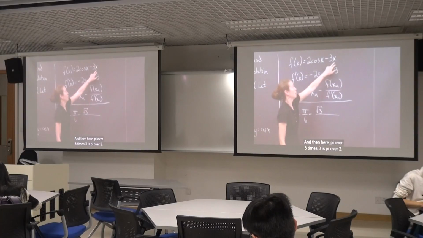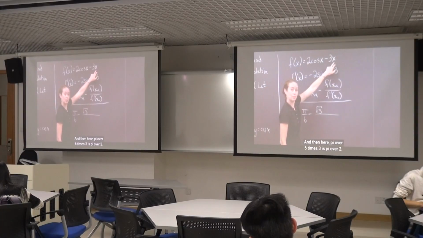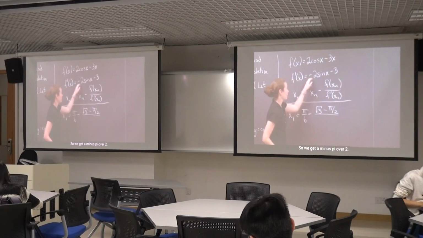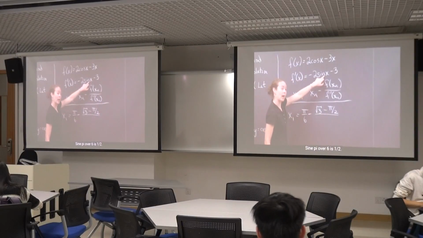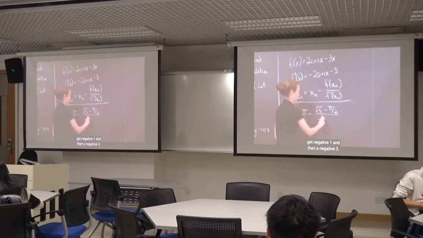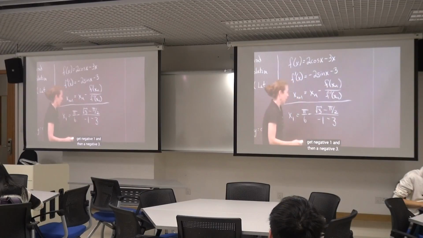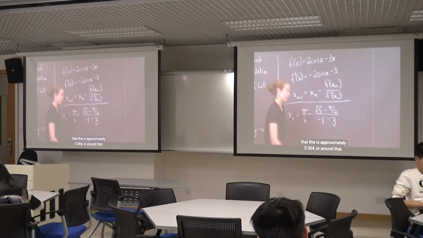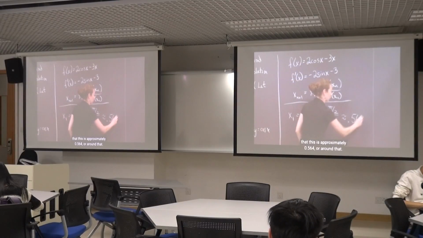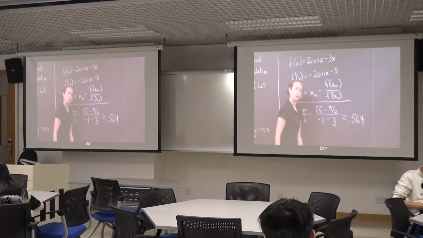And then here, pi over 6 times 3 is pi over 2, so we get a minus pi over 2. Sine pi over 6 is 1/2, so we get negative 2 times 1/2, we get negative 1, and then a negative 3. And if you simplify this, you get that this is approximately 0.564, or around that. Okay?